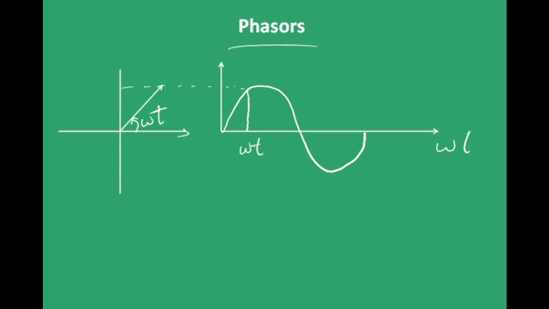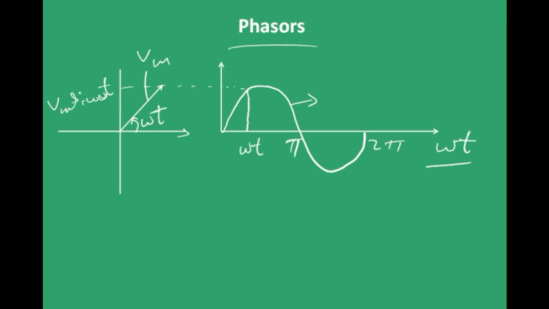Say this is the complete cycle, this is pi, this is 2 pi, and this represents the voltage which varies in this way as a sine function with omega t. And for this vector, the perpendicular component or the vertical component will be Vm sine omega t, if the magnitude of this particular vector is Vm.